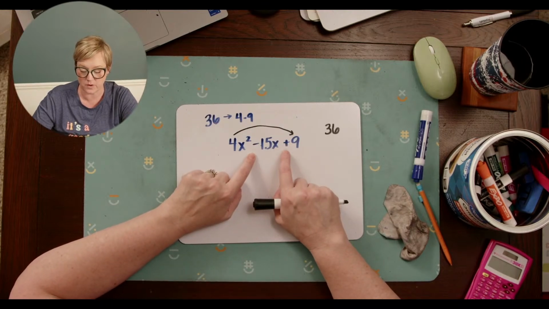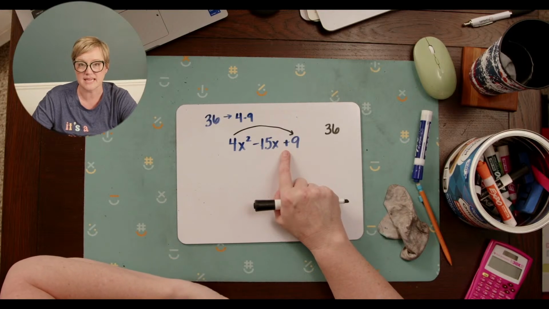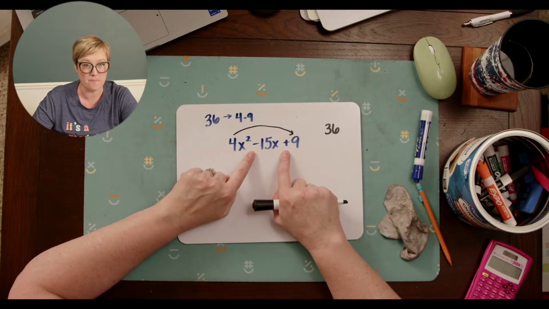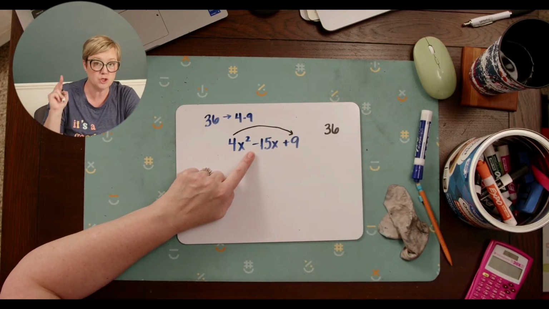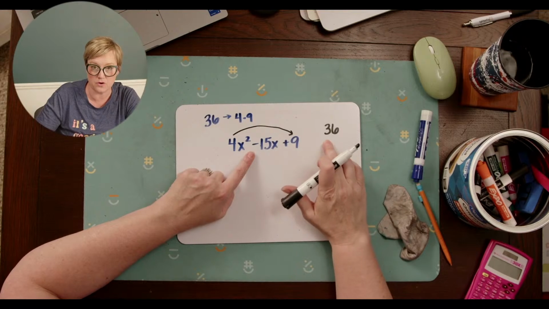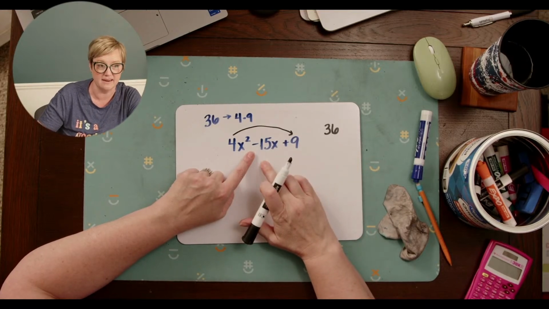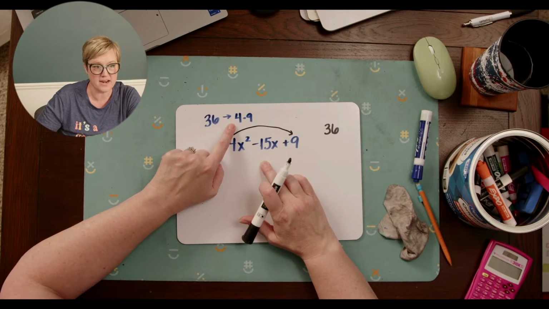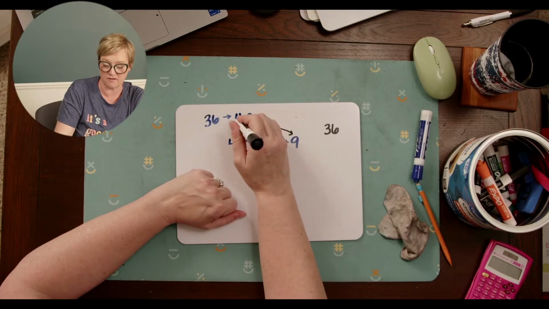Since the 36 is positive, that means the signs are going to be the same. The negative 15 here means that they are both negative. So we need two negative numbers that multiply to 36 and add to negative 15. Okay, we've got a lot of good guesses. I know we were looking at 4 and 9 up here, but negative 4 plus negative 9 doesn't equal negative 15.